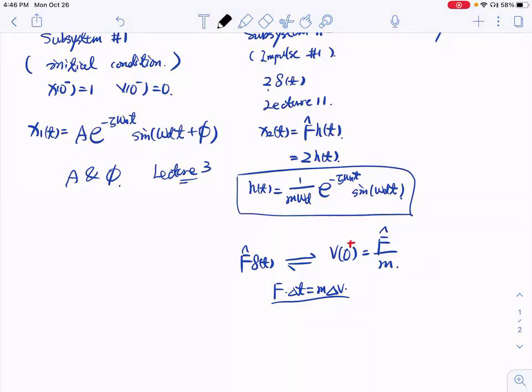So this equation is true even if your system is not initially at rest.